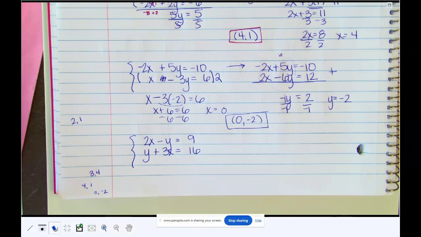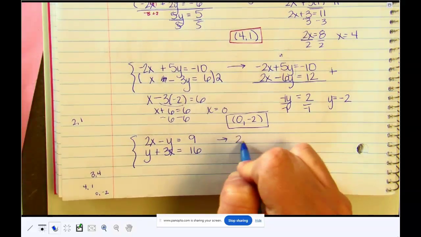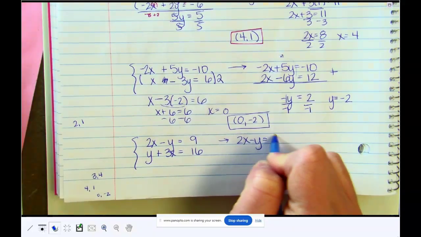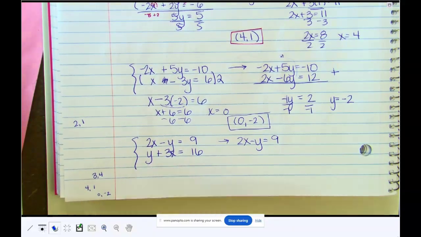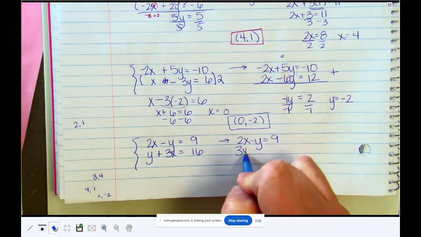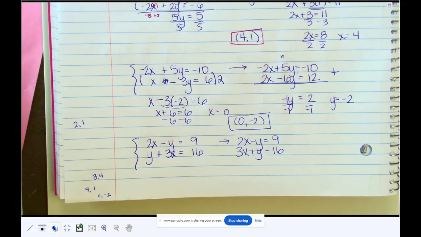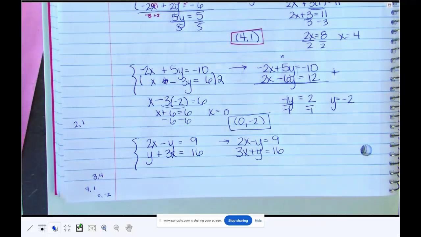So if you see it and you're like, I know they'll cancel, it's fine. If you like them to be stacked on top of each other, you are allowed to rearrange. Okay, so if I always like my x's first, this guy would stay the same: 2x minus y equals 9. What would this guy become? 3x plus y equals 16. Yep. So either way, okay.